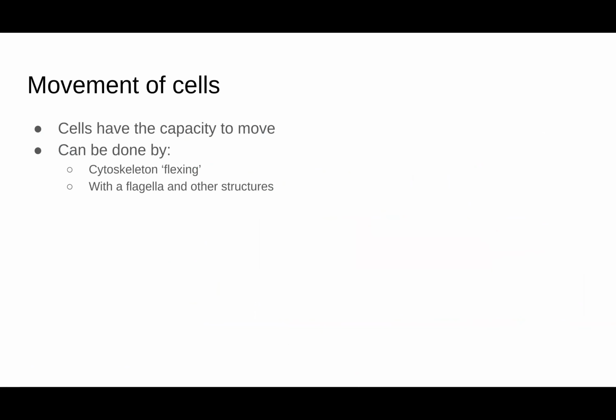In addition, your cytoskeleton has the capacity to move your cells, and so cells aren't stationary. They can move. This is not really something we think about for human cells, right? Your liver cells aren't moving. Your liver is anchored.